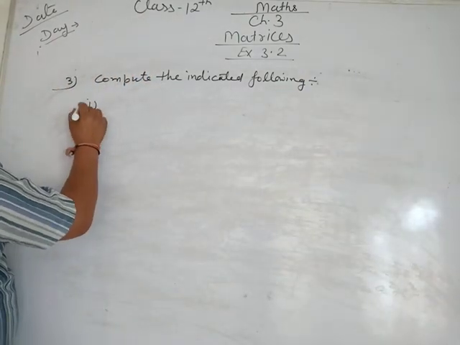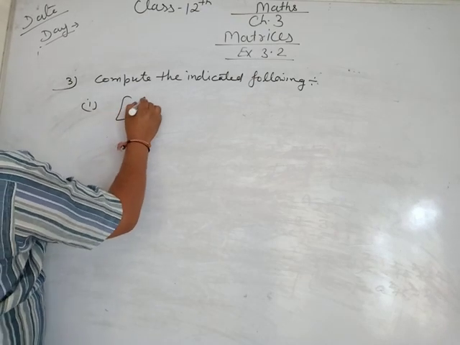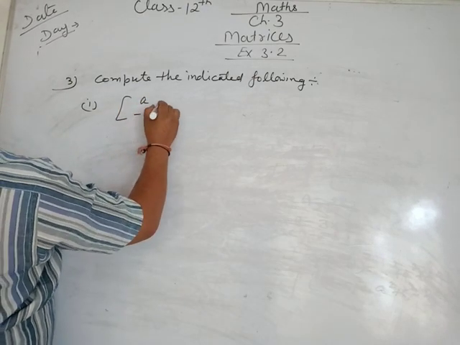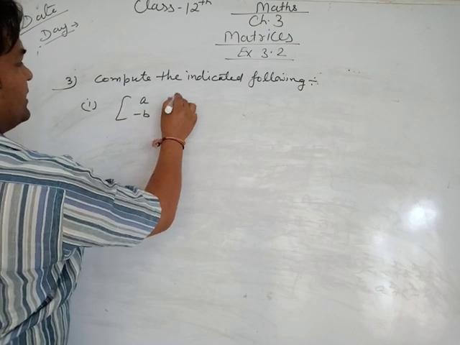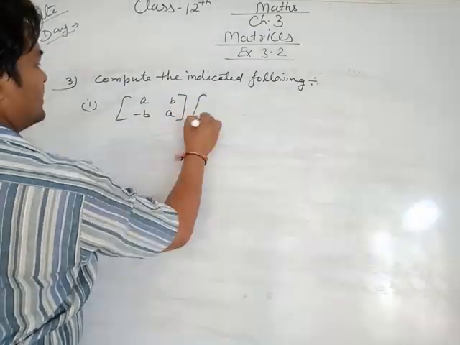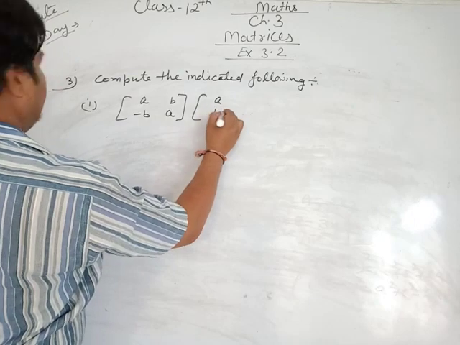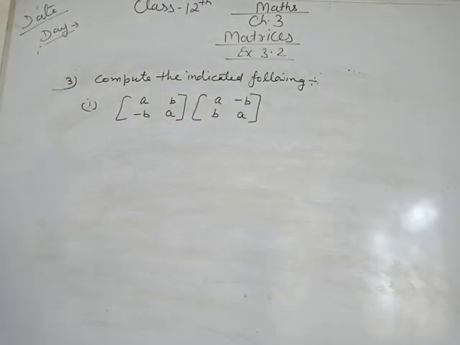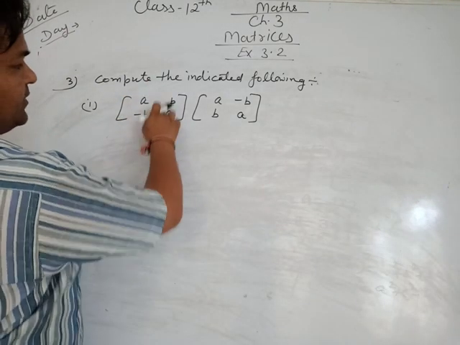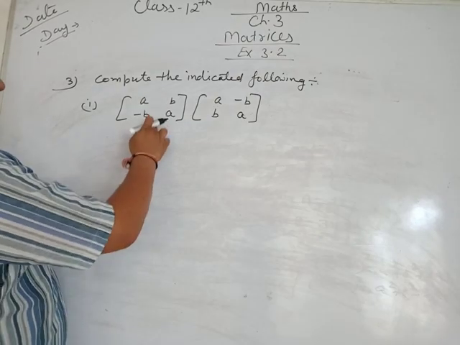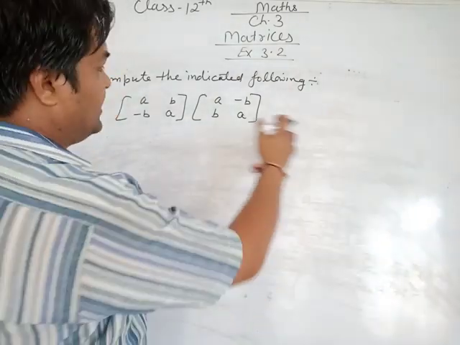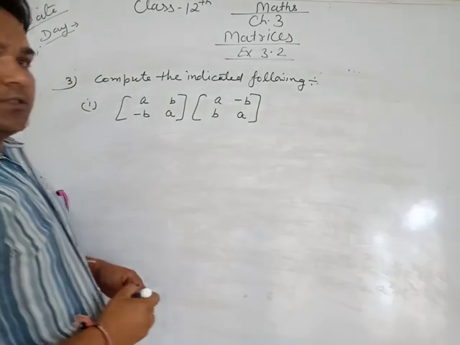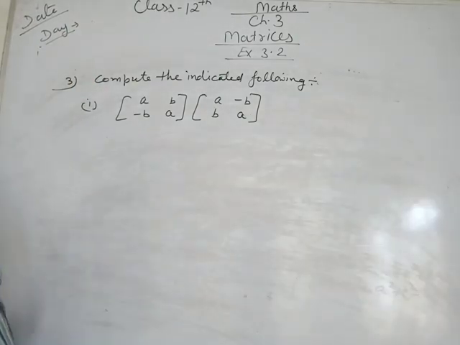The first part is A, minus B, B and A. The second is A, B, minus B and A. The condition is followed, because the first matrix has 2 columns and the second has 2 rows. It means the property of multiplication is followed.